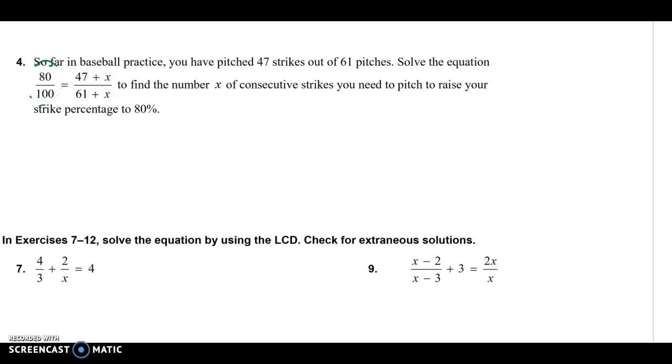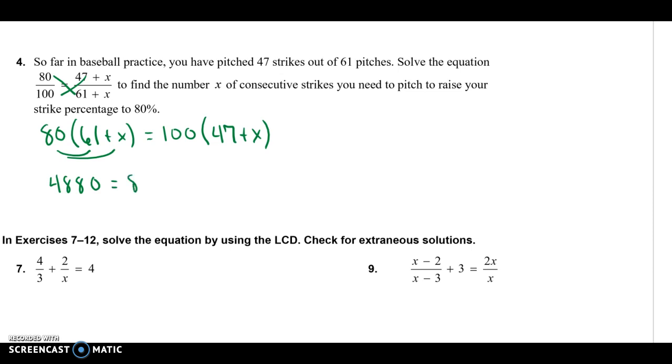So again, all you're going to do is cross products because you have a fraction equaling a fraction. So you're going to take 80 times 61 plus x, and then that should equal 100 times 47 plus x. And then once we solve for x, we then know how many consecutive pitches we're going to have to do. So first I'm just going to distribute. So 80 times 61, we're going to get this.